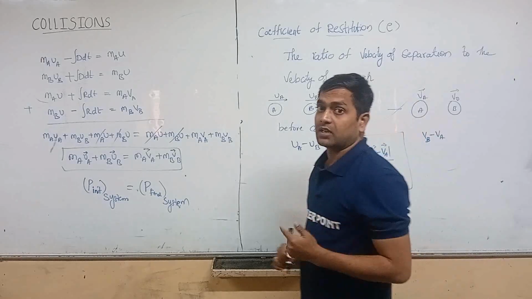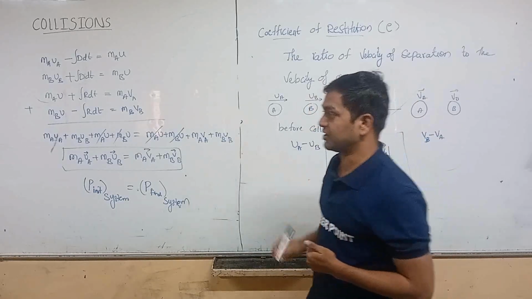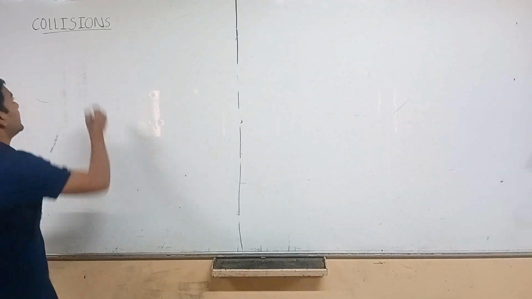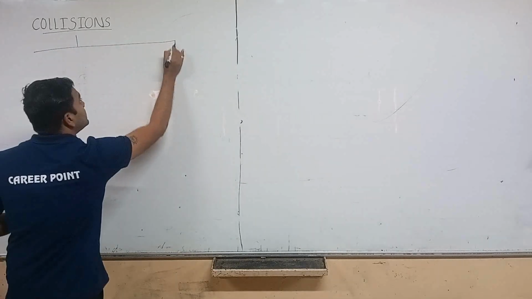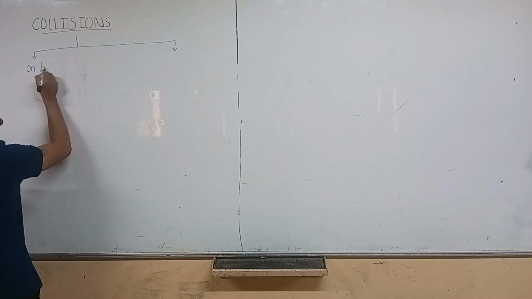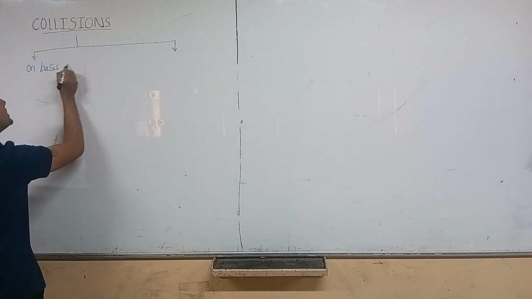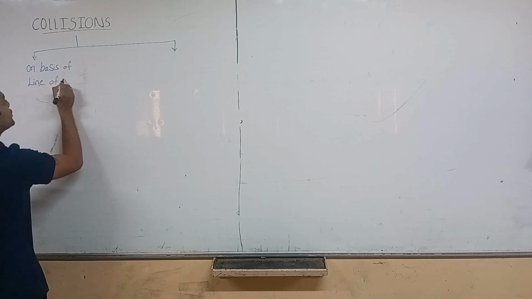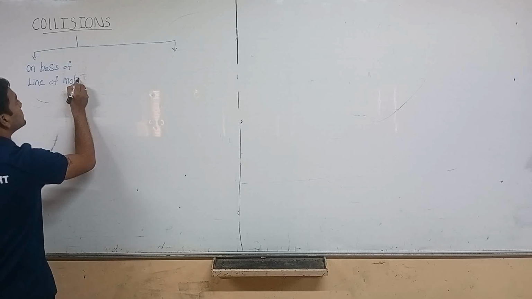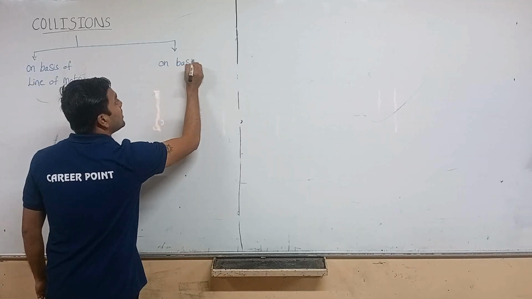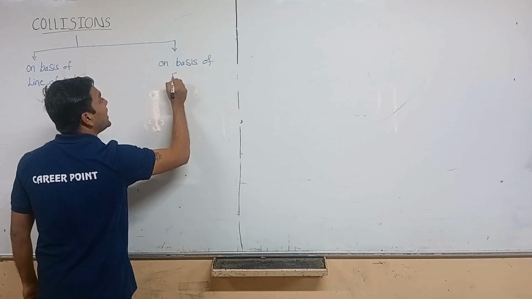Collisions are divided into two types: the first is on the basis of line of motion, and the other is on the basis of energy.